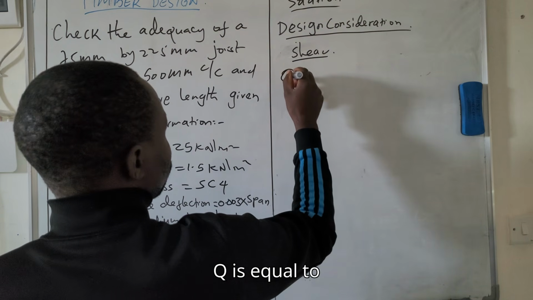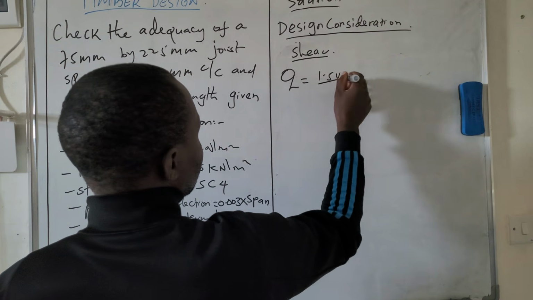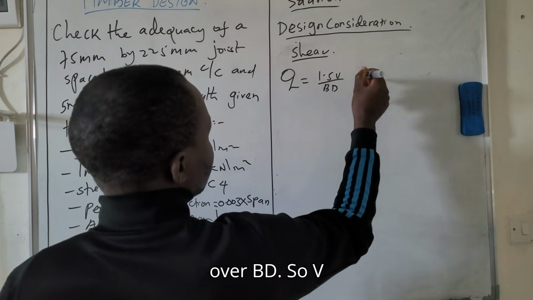You know that Q is equal to 1.5 V over BD.